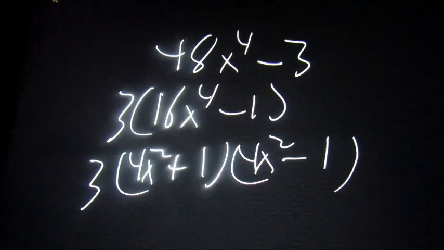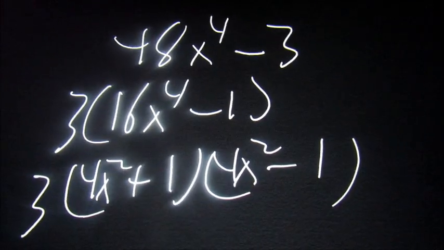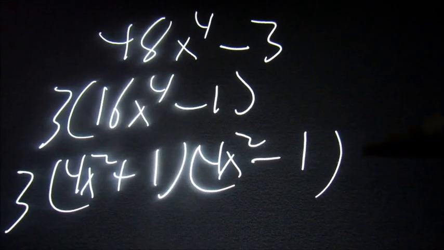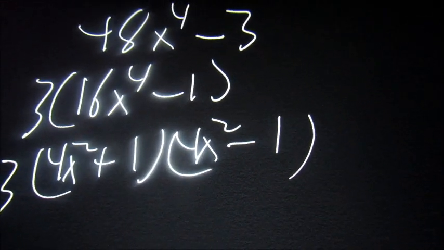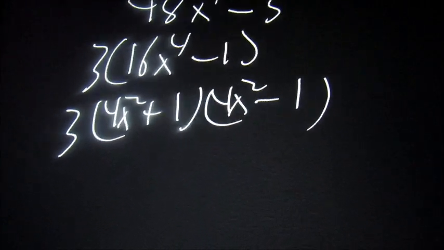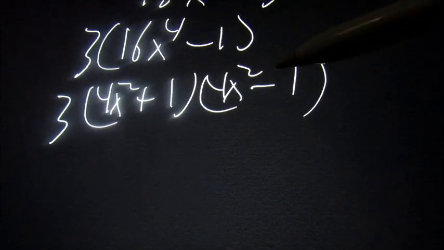Now, this one is kind of tricky because notice here that 4x squared minus 1, that's also a difference of two squares. So in order to factor this completely, you also have to factor this one.